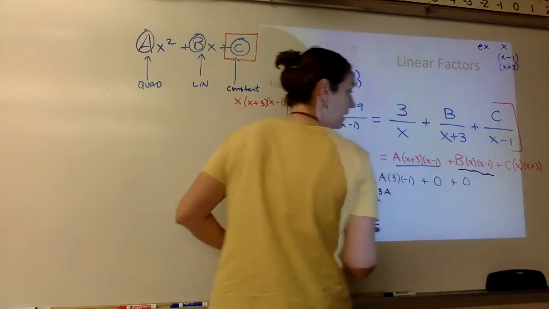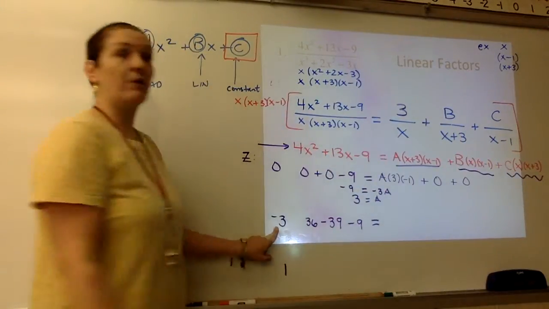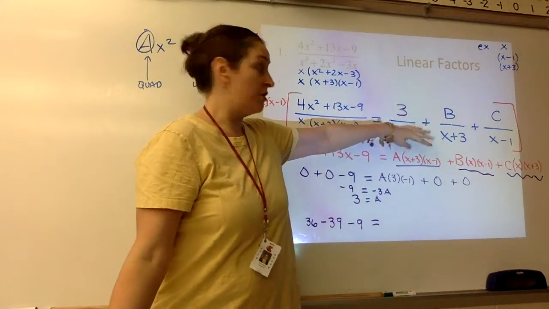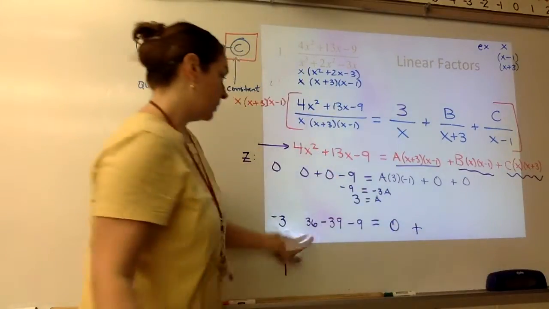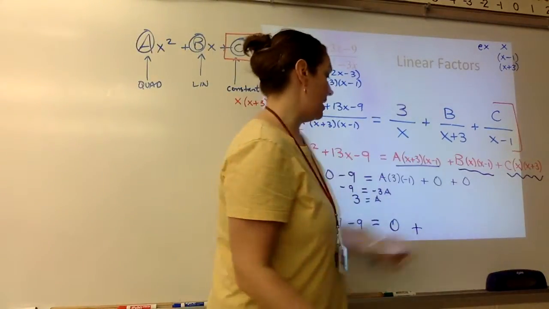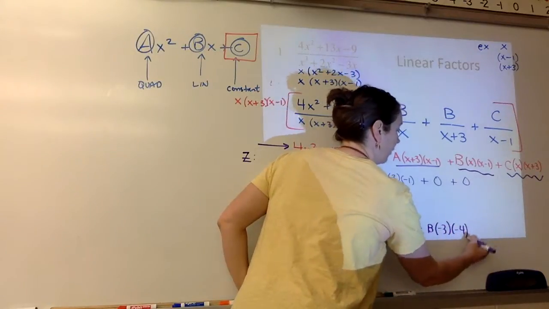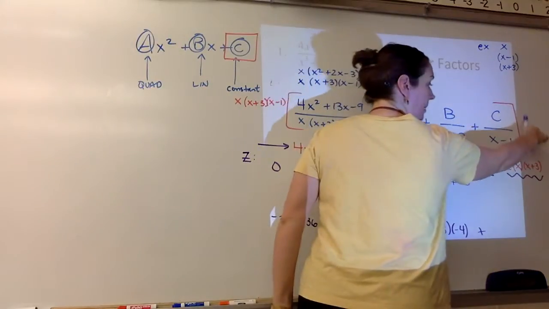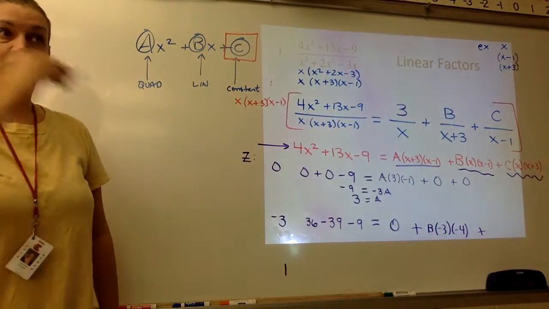So I've got this grouping here, right? And then I'll make this one the B thing. The straight line grouping, when I plug in a negative 3, generates a 0. So this ends up going to 0 plus, well now when I plug in negative 3 here, I've got B times negative 3 times negative 4 plus, what happens when I plug negative 3 into the C line?